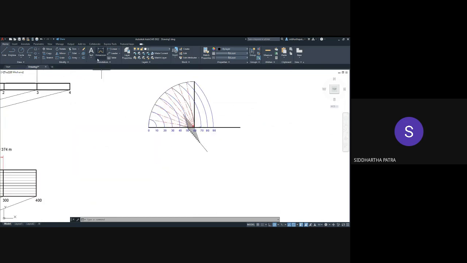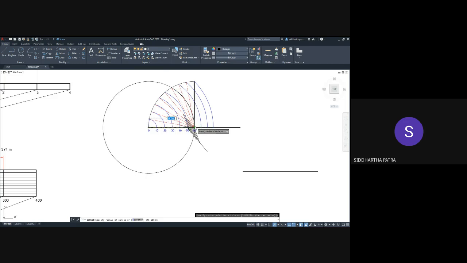So take a line segment and then take the radius up to 60, because a 60 degree angle is what you get when you cut a given arc with its own radius.